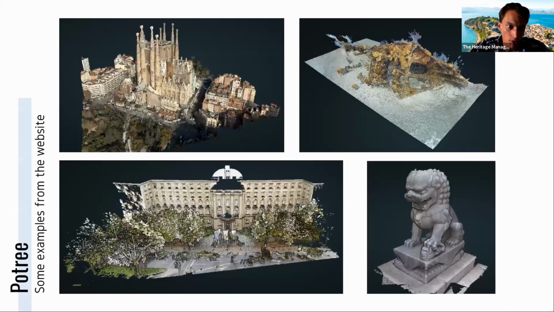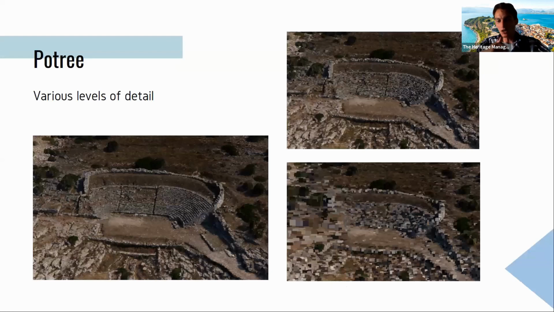So here are some examples from the website itself. The Sagrada Familia, here an underwater construction line that you see quite often in this case. And this is also very interesting. This is a point cloud that I generated myself a couple of years ago.